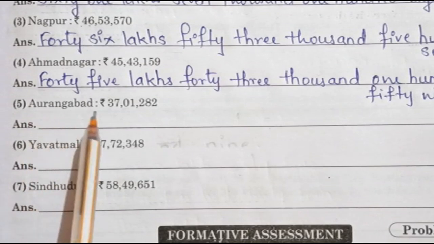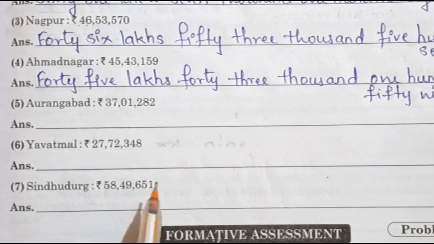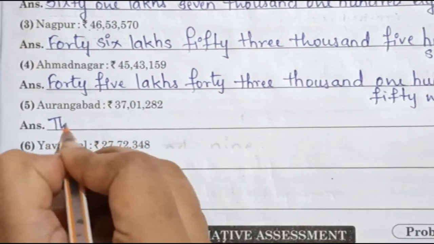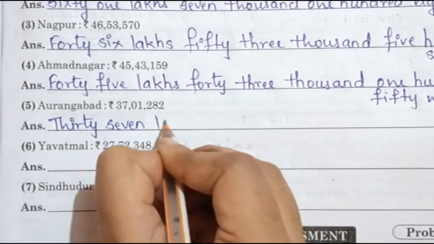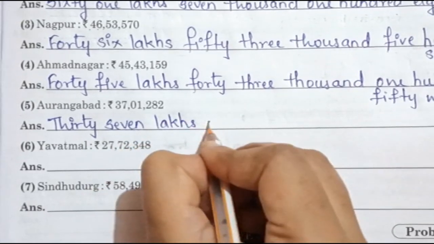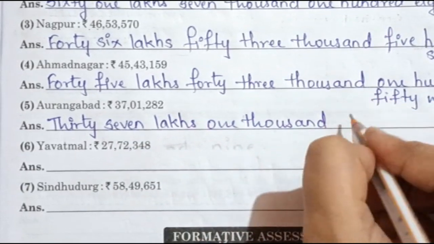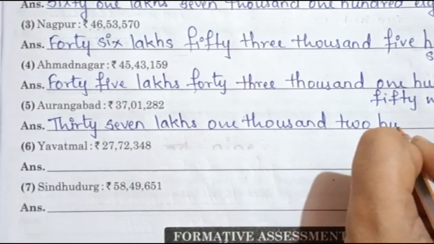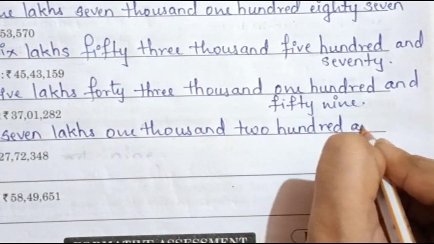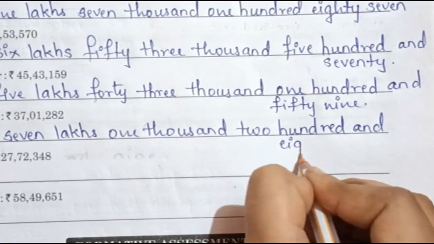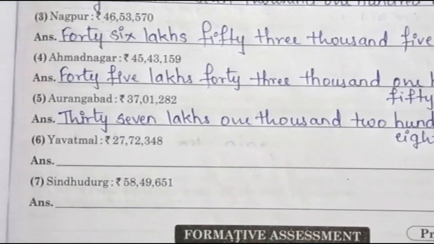Fifth one is Aurangabad. Aurangabad has given rupees 37,01,282. So you will write it in words, that is 37 lakhs 1,282. Okay.